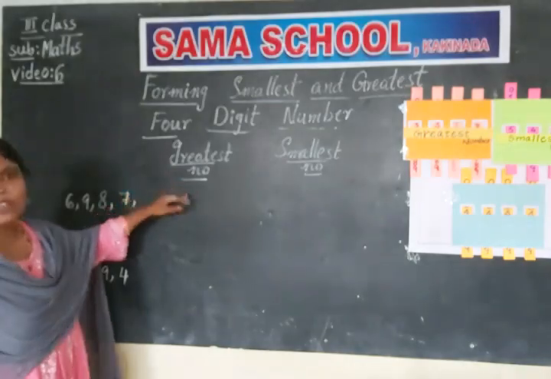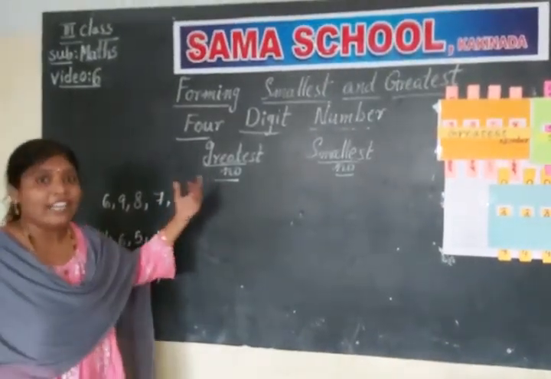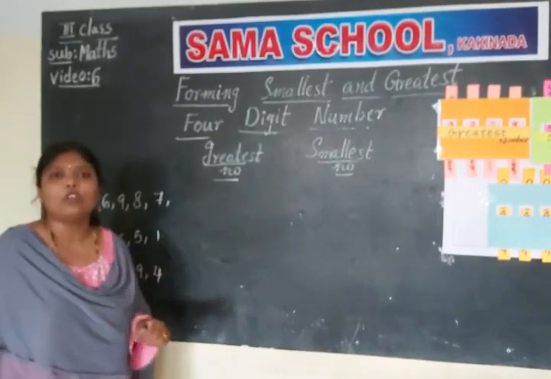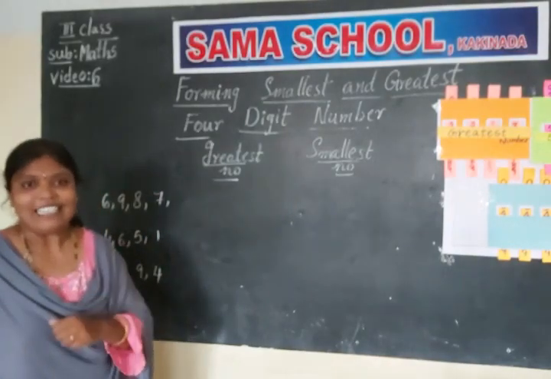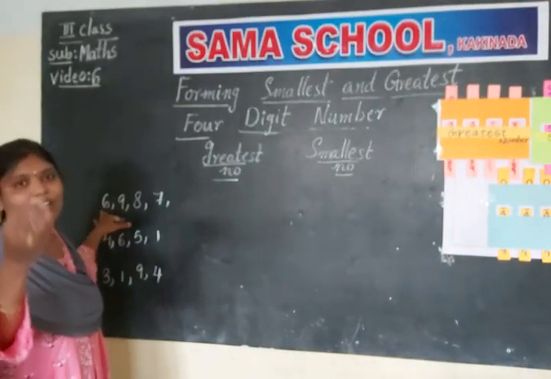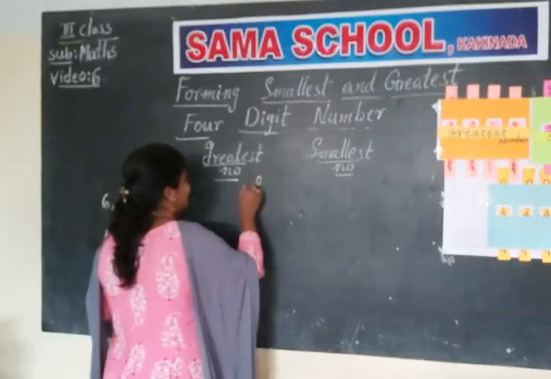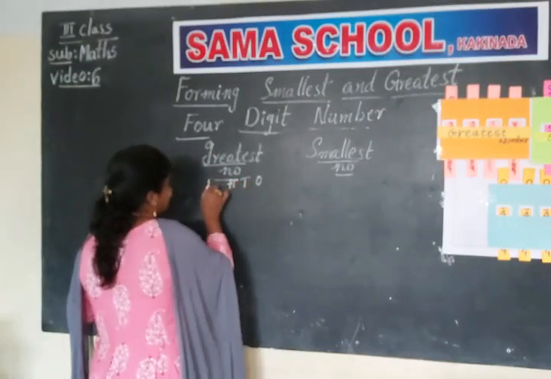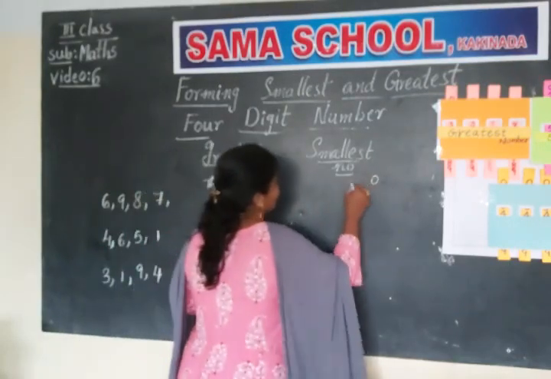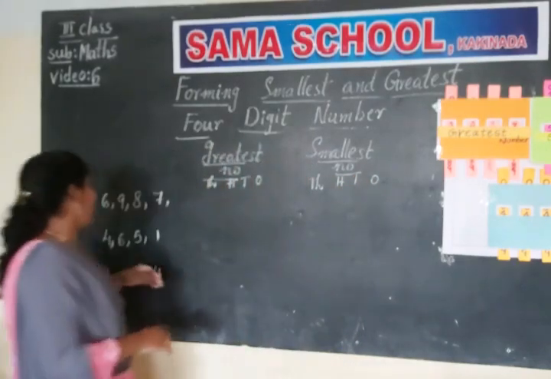Anyway, now tell me from our discussion what we have learnt. To write greatest number, which order to be followed? Yes, descending order. Descending order in the sense from the biggest to the smallest. First write the place values here: ones, tens, hundreds and thousands.